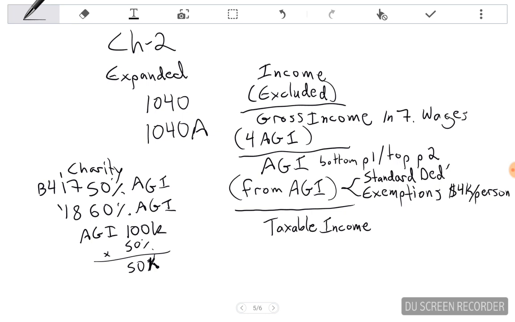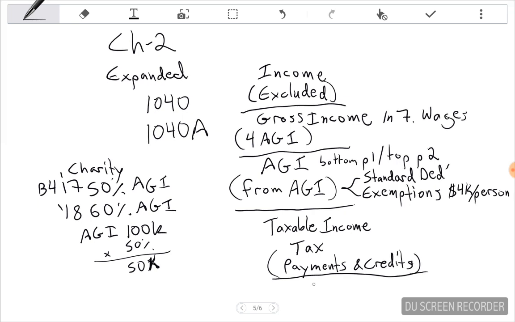The taxable income, you apply tax rates to it, and that will give you your tax. And then from that, you'll deduct payments and credits. So we subtract that out.